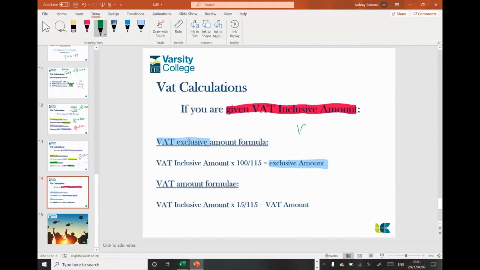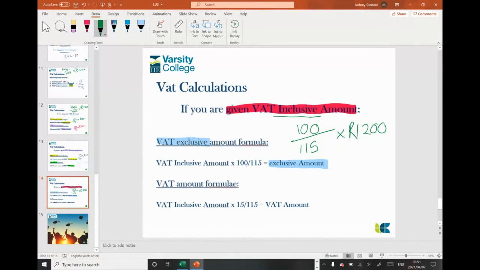We want 100, because we said the VAT exclusive must be 100. What do we have? We have the VAT inclusive, which is 115, and then times, let's just say the VAT inclusive was 1,200. Then we would be able to get the VAT exclusive.